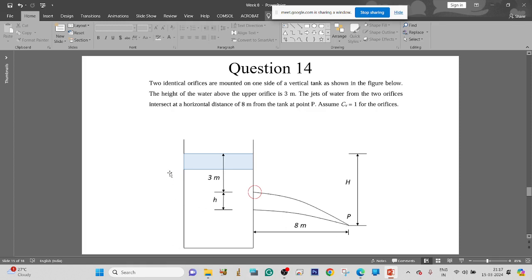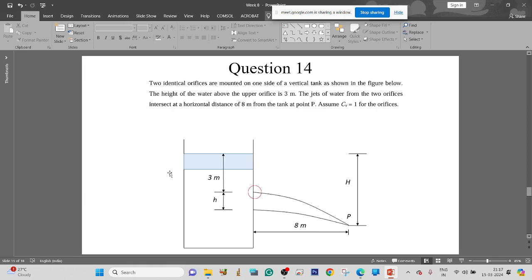So H minus 3 will be equal to half g t square, and also U1 T is equal to 8, right? So if we equate this, H minus 3 is equal to 32g upon U1 square.